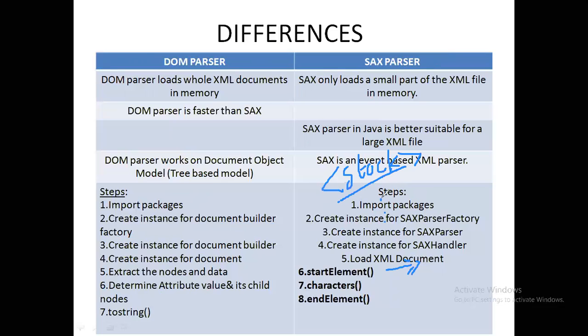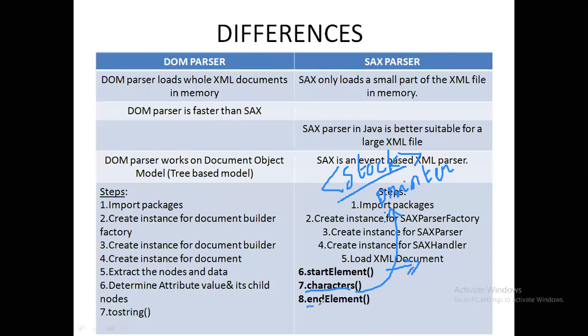For example, printer. This is the actual content of the XML document inside the stock element. So here the characters event is used to encounter the actual content of the element.